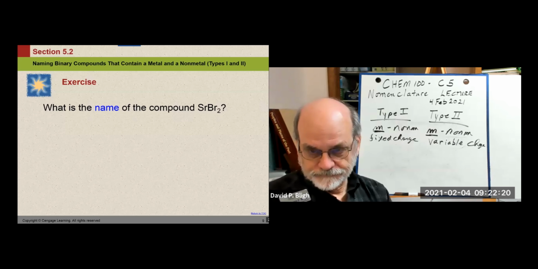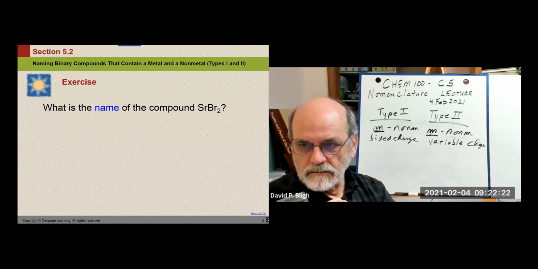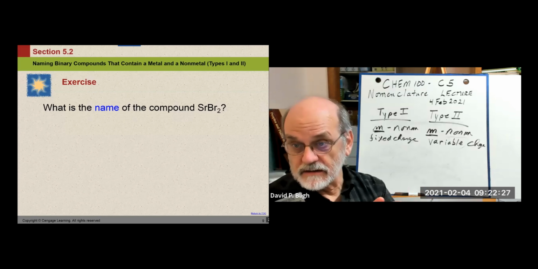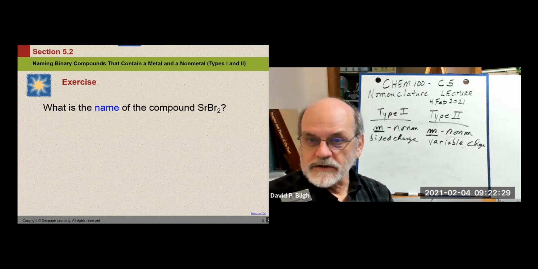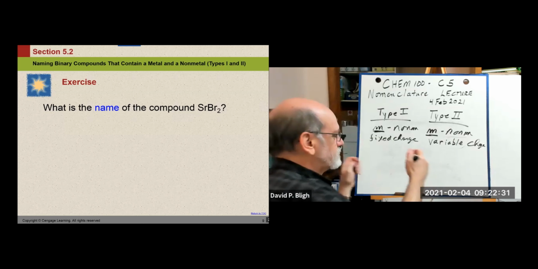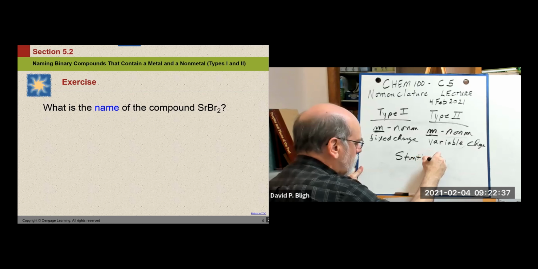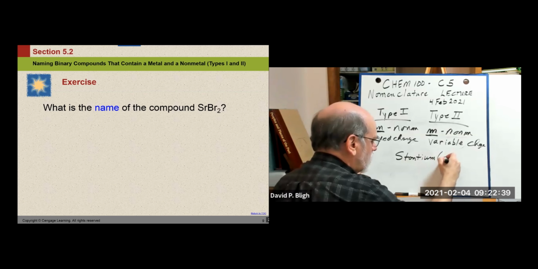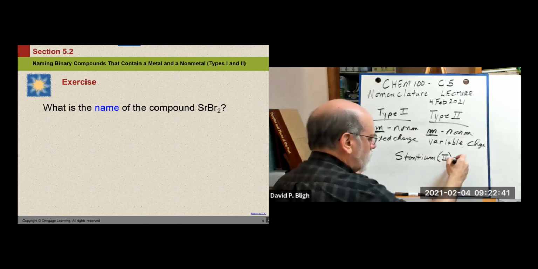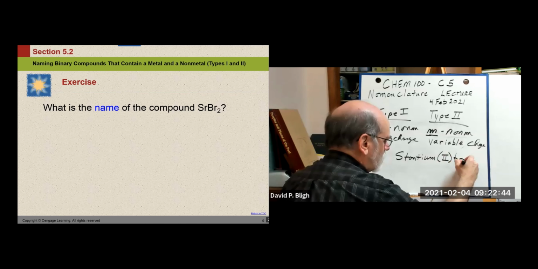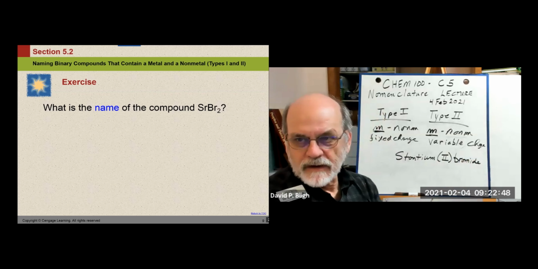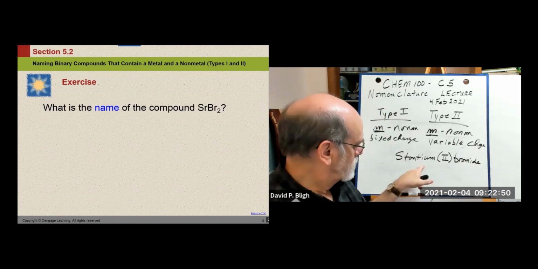Also, not redundancy. In other words, if we said strontium 2+, that's redundant.